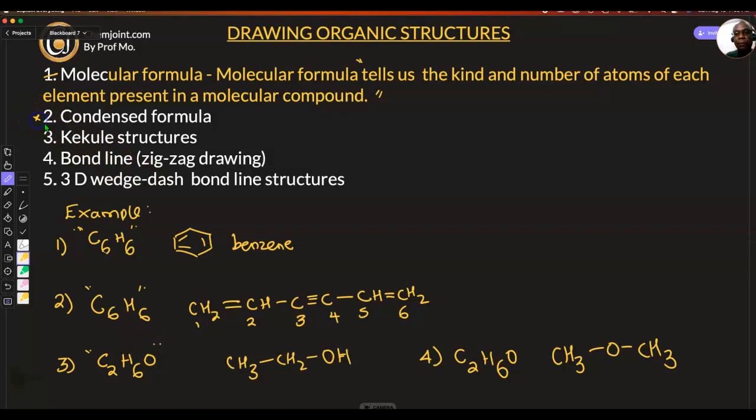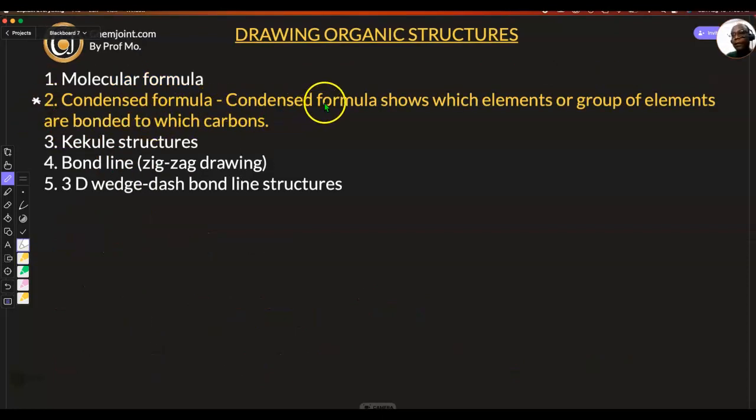Let's next discuss the condensed formula. For the condensed formula, this one will show which elements or groups of elements are bonded to which elements, for example, carbons. Let us consider this example to represent condensed formula.